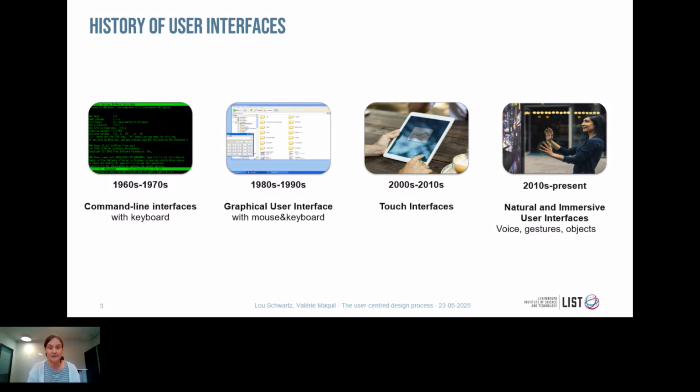Then in the 1980s to 1990s, there was a rise of graphical user interfaces in an attempt to make computing more accessible for everyone. Everything was displayed in a graphical way, and the mouse was invented alongside the keyboard. Then from 2000 to 2010, through the mobile revolution, came touch interfaces, in an attempt to make computing more personal and more portable.